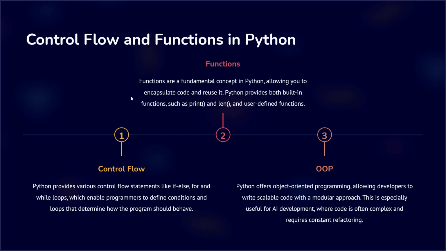As of now, I only tell you very basically: if you have some thinking-related problem, like if your value is 5, you have to print yes. If your value is not 5, you have to print no. So for this type of question we use control flow, and loops are used for iteration.